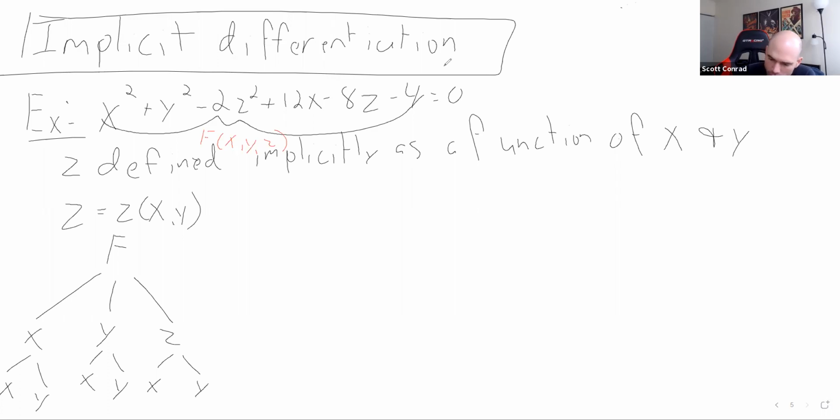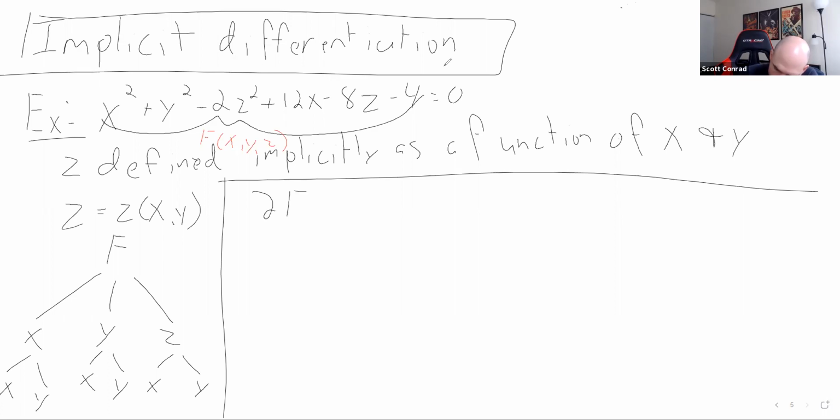Okay, so we're going to derive our equation in this way. Big F is a function of x, y, and z, so we can take the partial of F with respect to x, and we go down our tree.